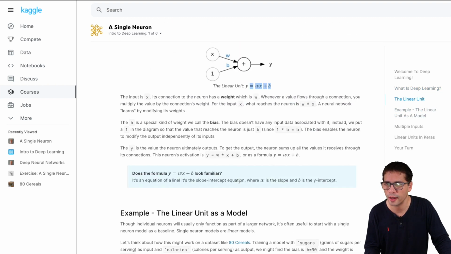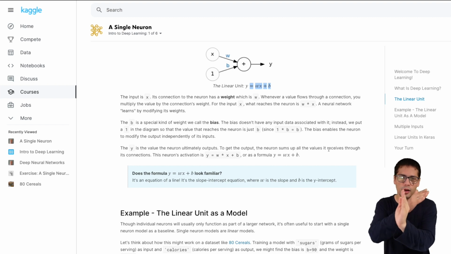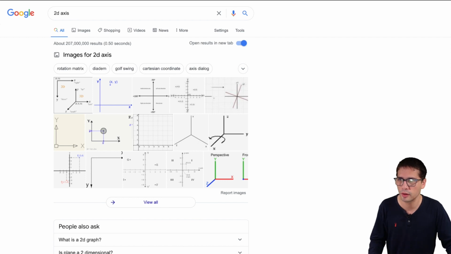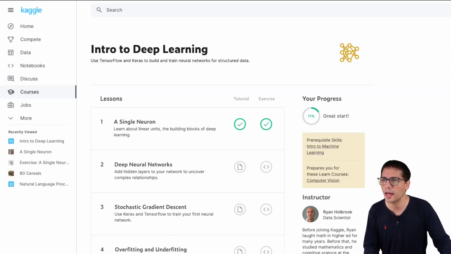If you look at it in a two-dimensional plane like this, the linear unit is a line. If the bias is 0, then it goes through the origin. If the bias is, for example, 1, it goes through y equal to 1 and so on. Right, so going back to where we were.